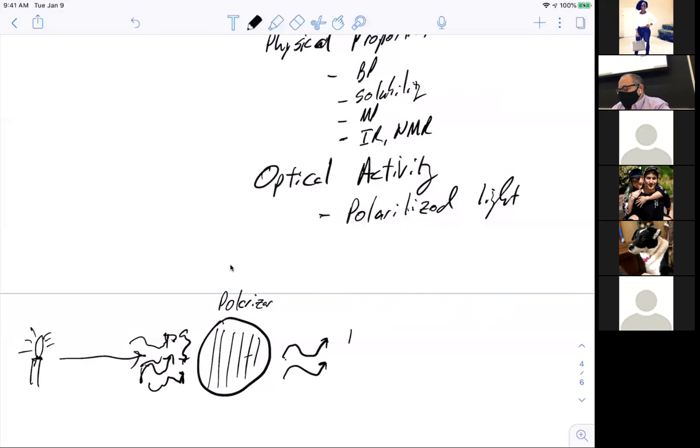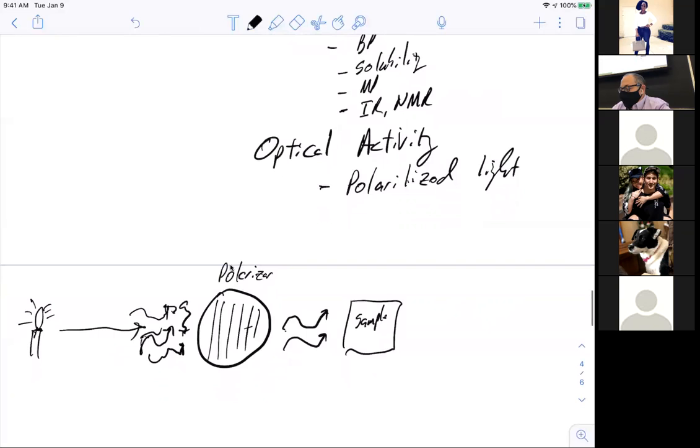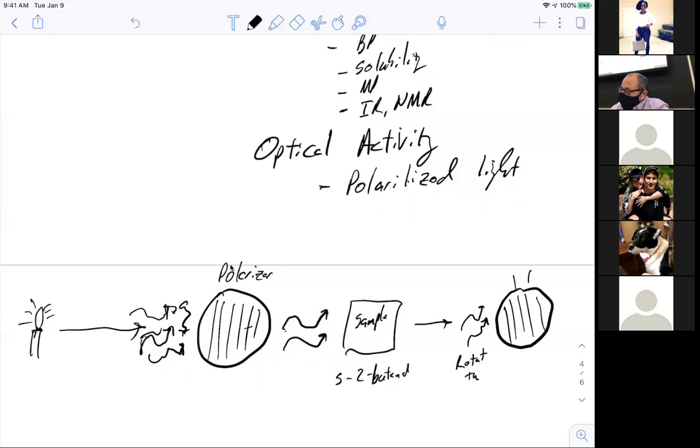If we then take that and put it through our sample, and let's say that it was all S-2-butanol, it's going to rotate, and it's hard to show this. I'll show it this way: it'll rotate that light. So if I have another polarizer over here, I'm going to have to actually rotate that polarizer some degree, right?